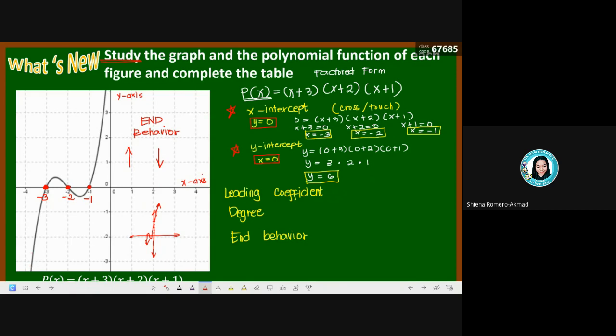When I say continuous, tuloy-tuloy yan, hindi yan nag-end. Pero yung totoo, meron yan dito. So may arrow yan dito. So kung may arrow yan dyan, ibig sabihin tuloy-tuloy yan. Hindi yan natatapos. Okay? So, yung arrow na yan yung tinutukoy natin kung falling ba siya, rising, pareho ba silang rising, pareho ba silang falling. So, ganun po. Okay?